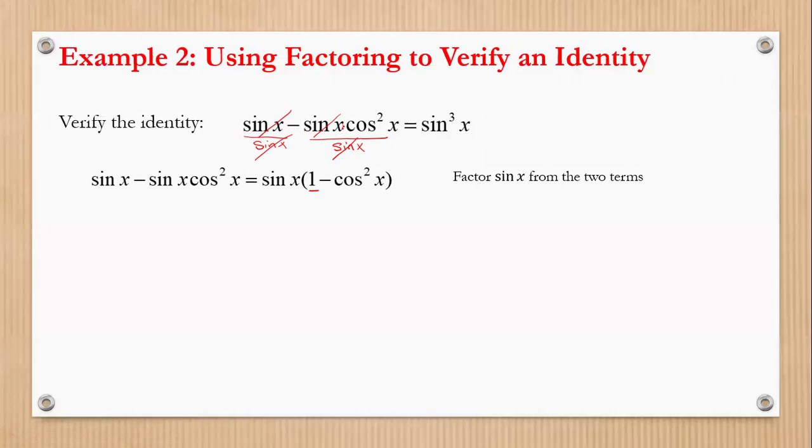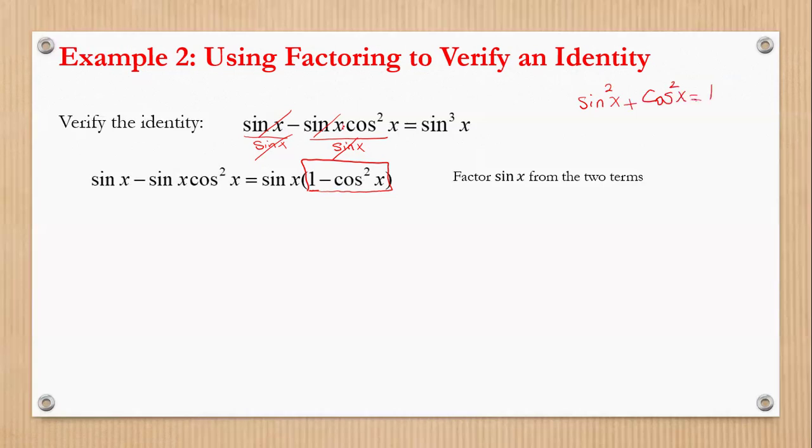Now, let's see what we can do now. This expression inside the parenthesis is familiar to me. I know I have one trig identity for 1 minus cosine square. What is that? You learned about the Pythagorean identities, one of which is sine square plus cosine square, which is always equal to 1.